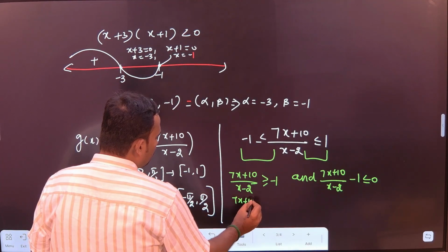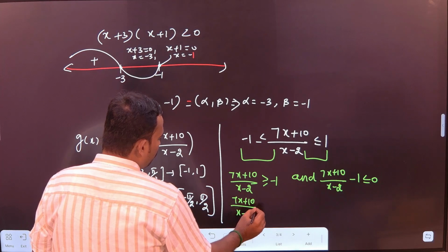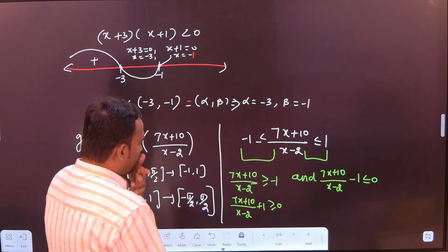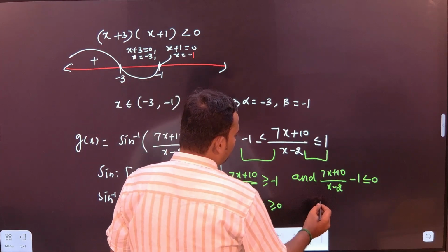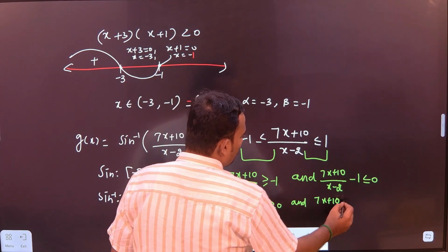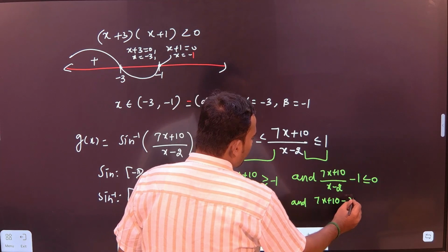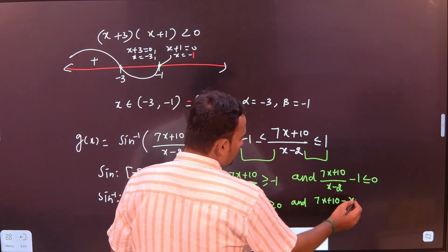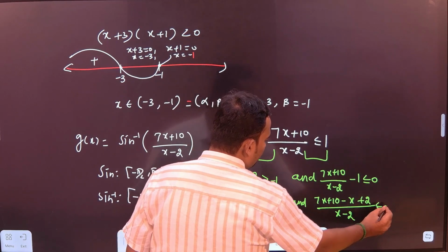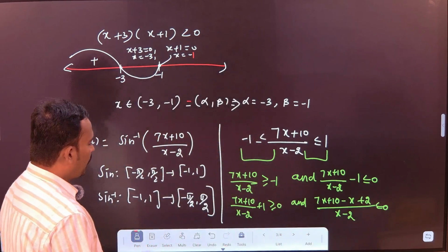(7x plus 10) divided by (x minus 2) plus 1 is greater than or equal to 0. Clear? So here you take the LCM: 7x plus 10 minus x plus 2 divided by x minus 2 is less than or equal to 0.